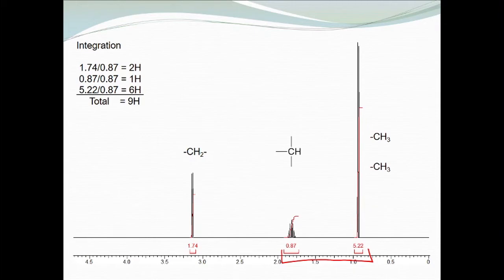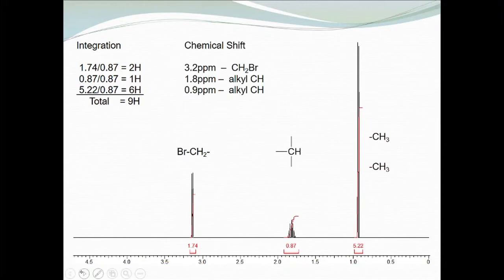If we go back to our correlation table, in the 3 to 4.5 range, this region out here is where we have CH that is bonded to an electronegative atom. In this case, it would be bromine, meaning that this is a CH2Br, and the others are plain alkyl CH. They're bonded to other carbons. And so we determined that by chemical shift.